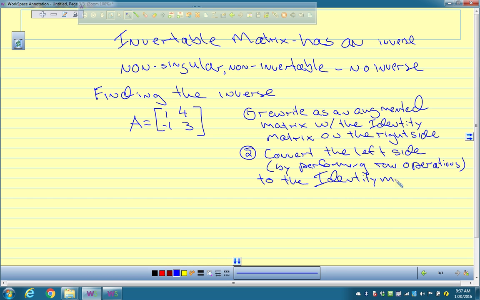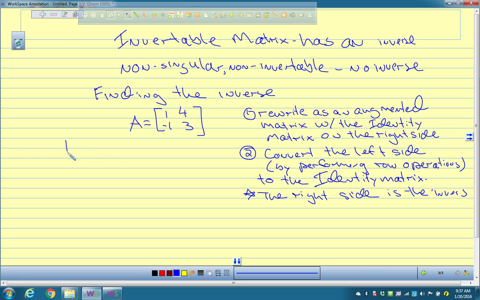The right side is the inverse. Okay, so you don't know what I'm talking about, but I'll show you.